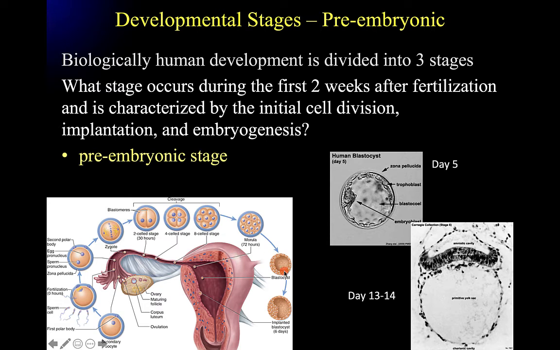And this morula then will hollow out, and it will actually develop 2 different cell lines, a group around the outside, and then a cluster somewhere within one side of this. That's where we have, for the first time, cells that are destined to become the embryo, what we would call the embryoblast, and cells along the outside referred to as the trophoblast, which will be destined to become the component of the placenta that is developed by the fetus.